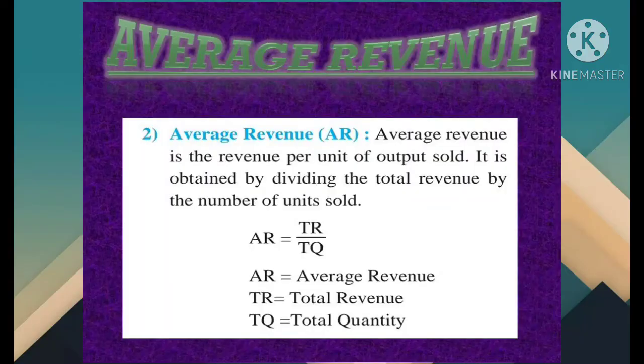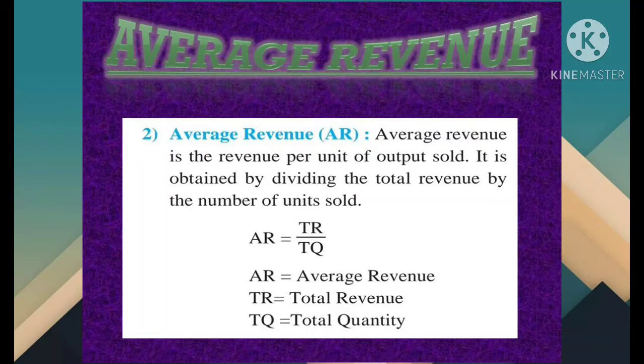Second type of revenue concept is average revenue. Average revenue is the revenue per unit of output sold. It is obtained by dividing the total revenue by the number of units sold.